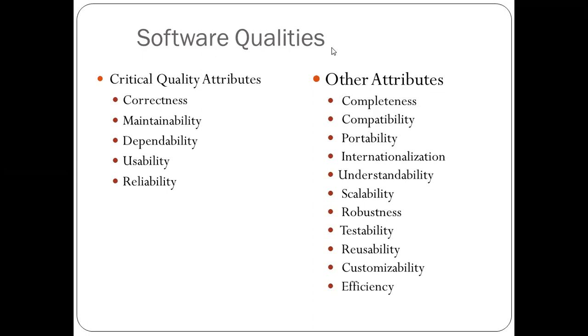Then we also check how much efficiency it has: how many users can work together, and what will be the effect on the machine if we increase the number of users. So we will check the efficiency of that particular software.